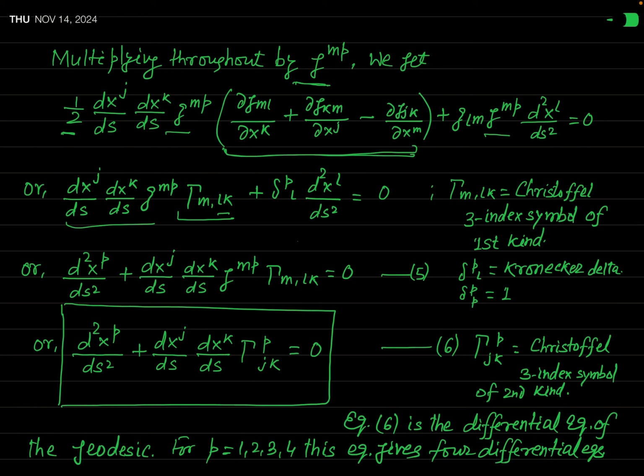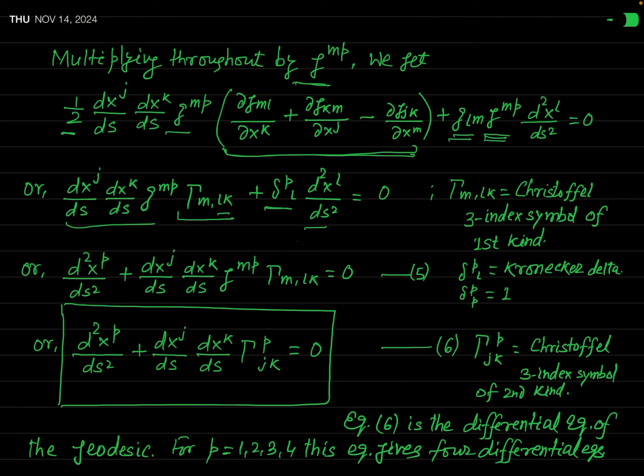And again, you know, this product of g_{lm} and g^{mp} is actually equal to the Kronecker delta δ^p_l. So instead of the product of g_{lm} times g^{mp}, I have written here the Kronecker delta, times d²x^l/ds², and that is equal to 0.